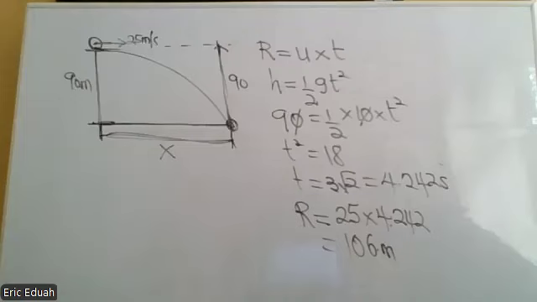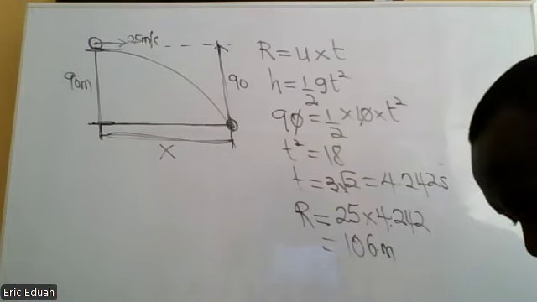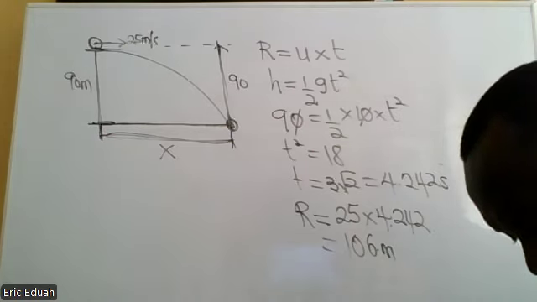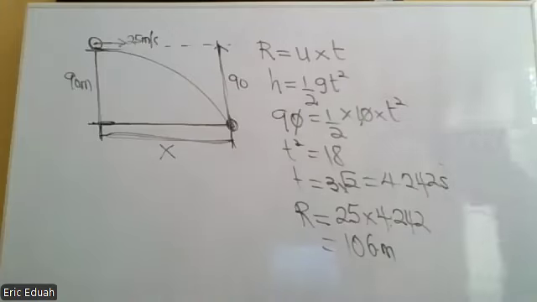So find the range. Simple question. Then in the next question, a ball is tossed horizontally with a velocity of 15 meter per second from a height of 100 meter above the ground. Take g to be 9.8 meter per second squared. How long will it take the ball to hit the ground? The time of flight.